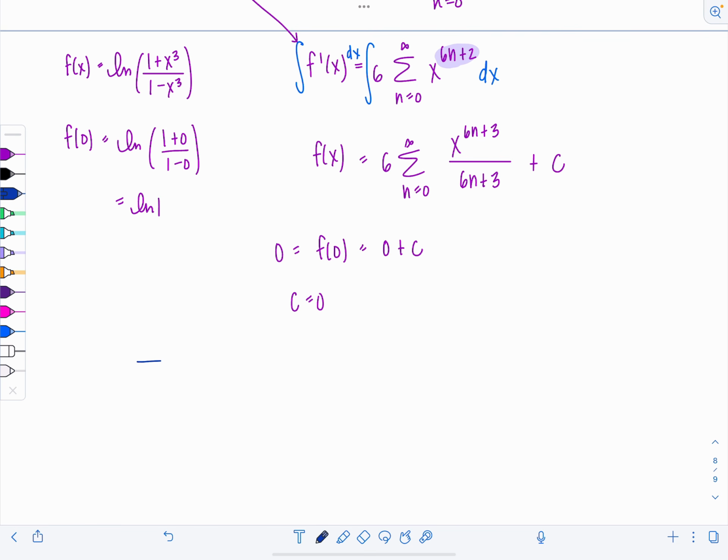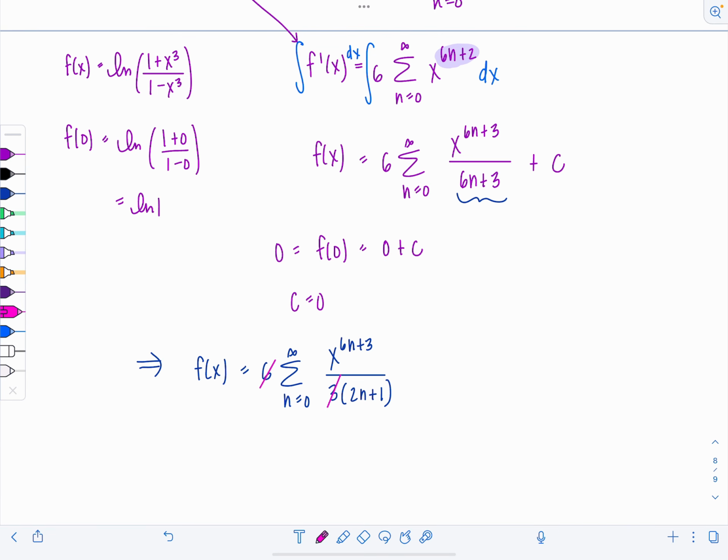Now we can put it all together. So f of x is 6 times the sum, n equals 0 to infinity, x to the 6n plus 3, over, I can factor out a 3 from here. And then I have 2n plus 1, don't I? And last I checked, 3 and 6, that can cancel.